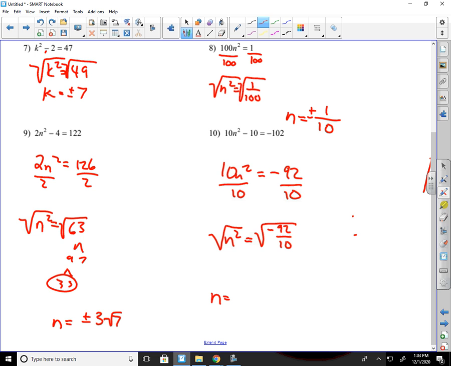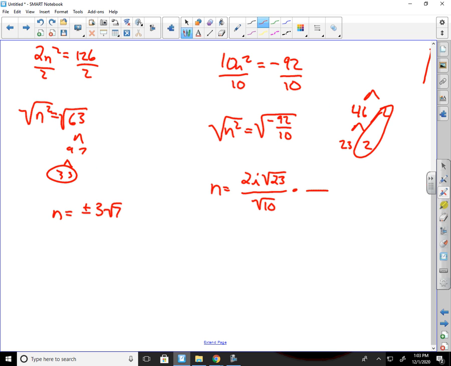Yeah. And then 46 will break down to 23 and 2. I have a pair of 2's, so that comes out in front. And then it was negative, so it's going to be an i out there. So 23 left inside, and that's over the square root of 10.